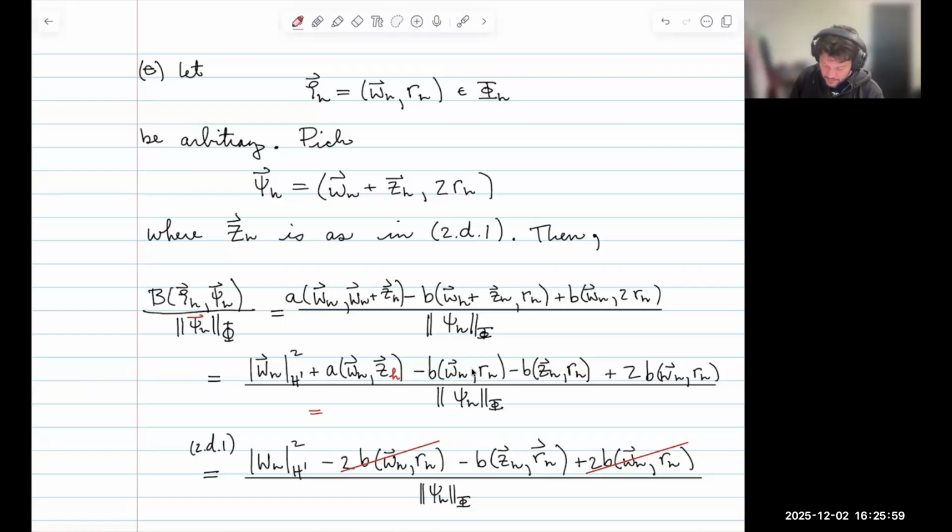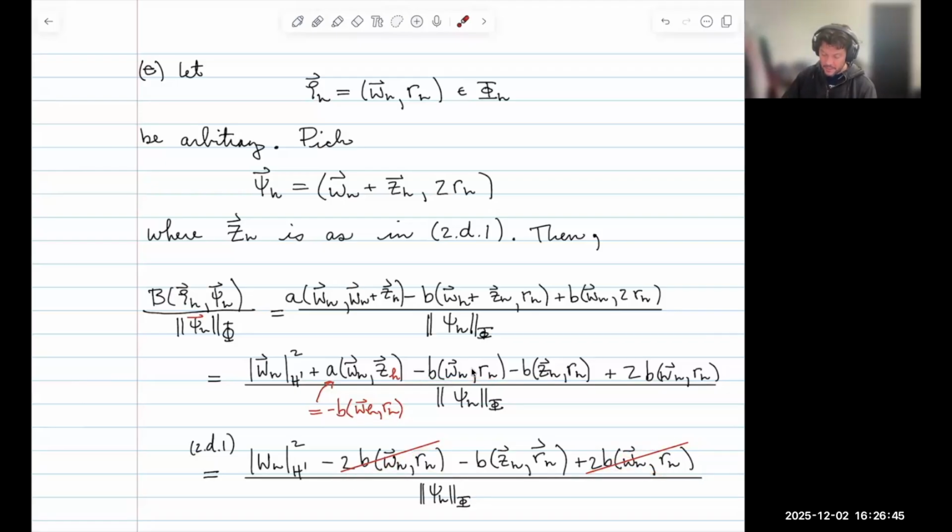So this object right here is equal to minus B(WH, RH). Nope, no vector on the R. Okay. Now I have another one of those lying around, namely this guy. It's exactly the same term. This one's different, and of course this one has a different coefficient. But this one and this one give a minus 2 and a plus 2. Those cancel each other.